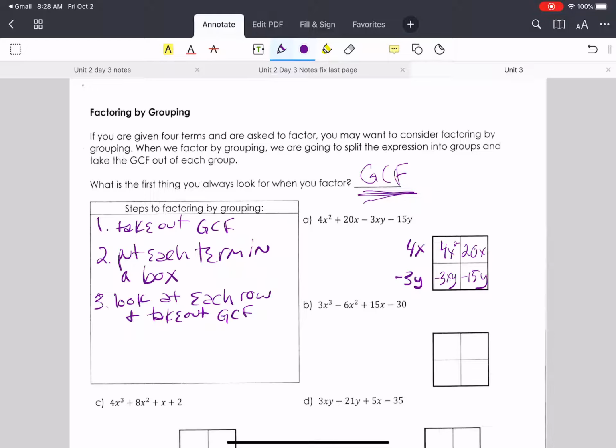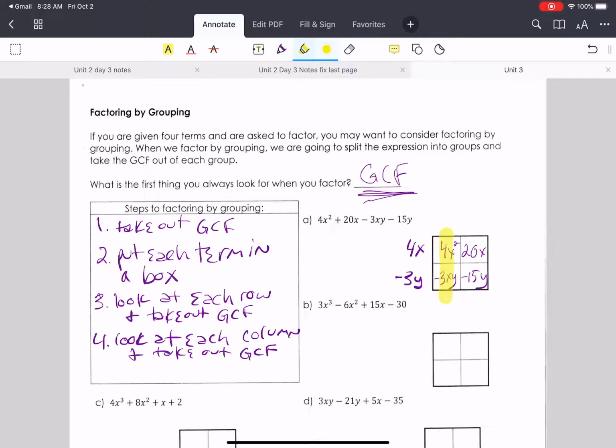Good? Okay, step 4. Look at each column and take out GCF. Okay? So in column 1, is there a GCF?